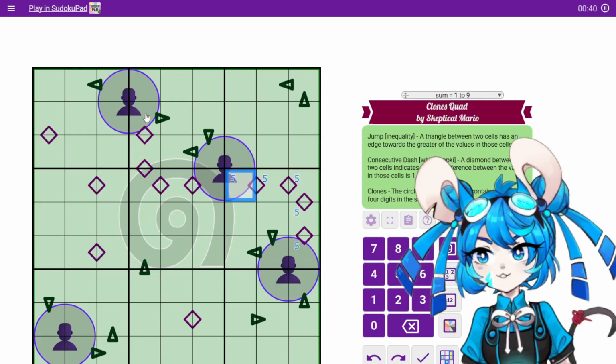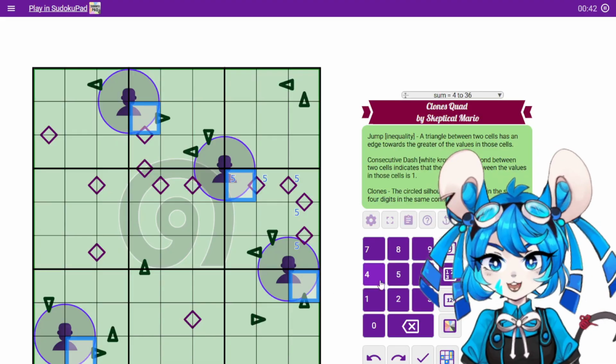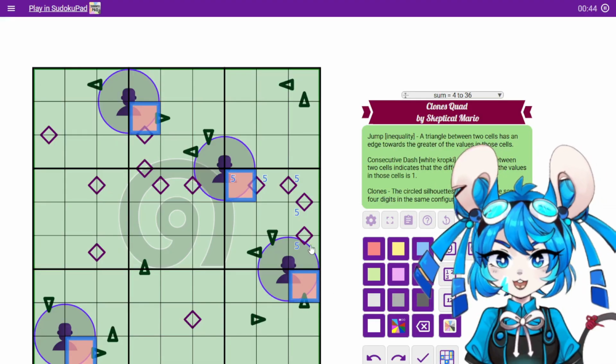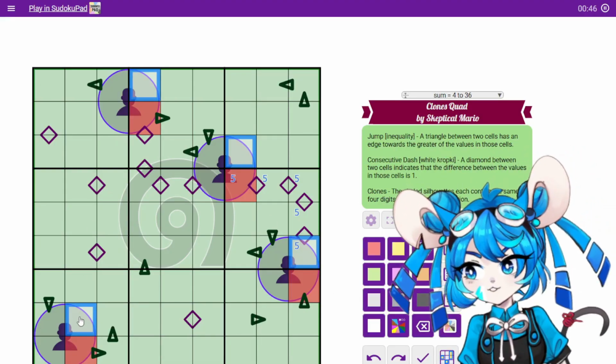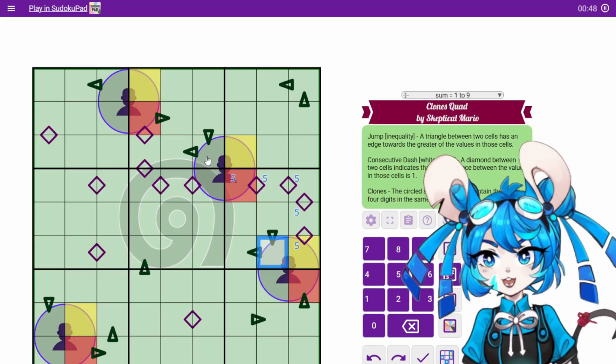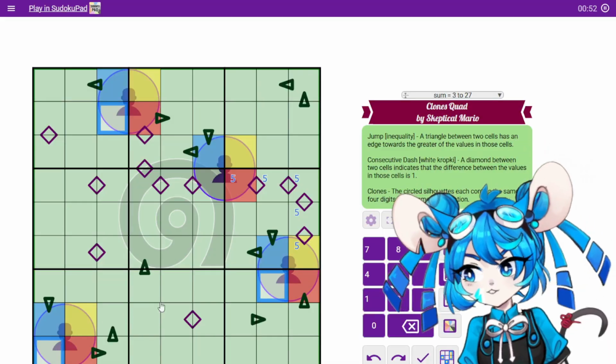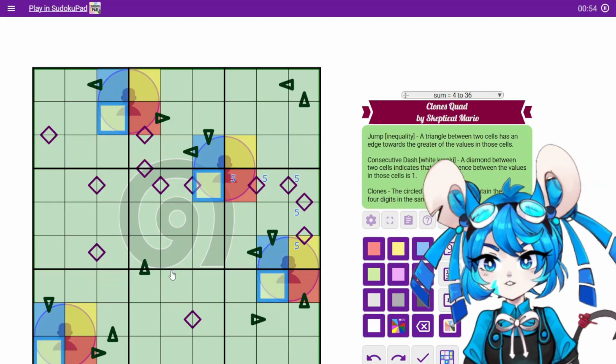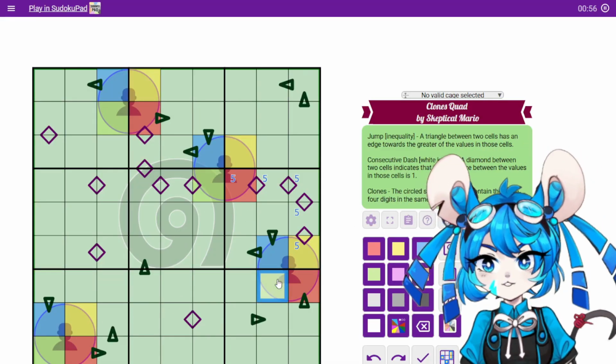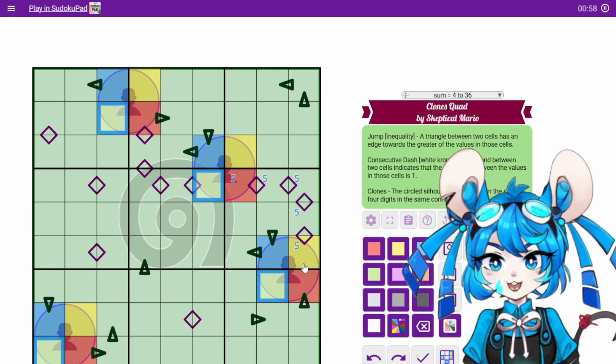Let's color in the digits that are identical. So this one can be red. The digit on the red cell is all the same. The digit on the blue cell is all the same. Or yellow and green. So each of these digits is identical.